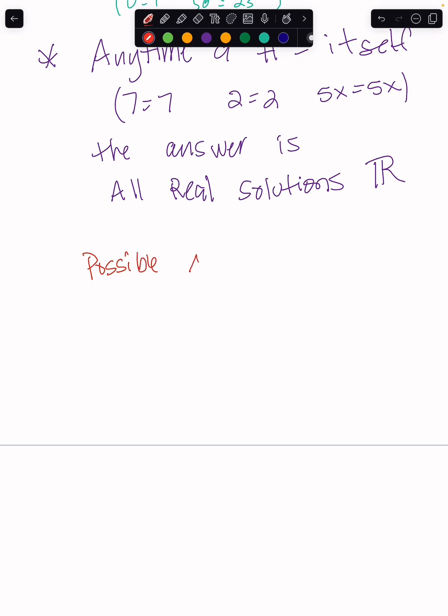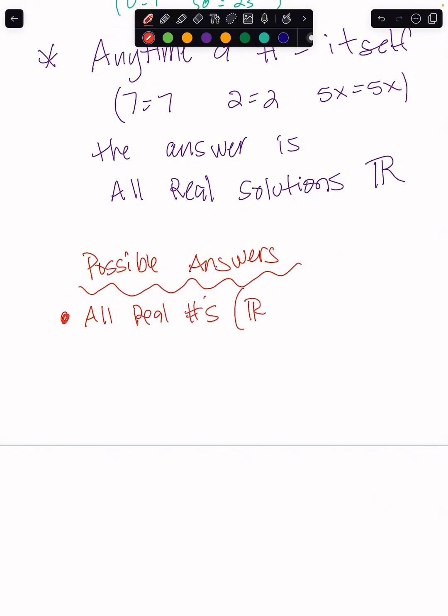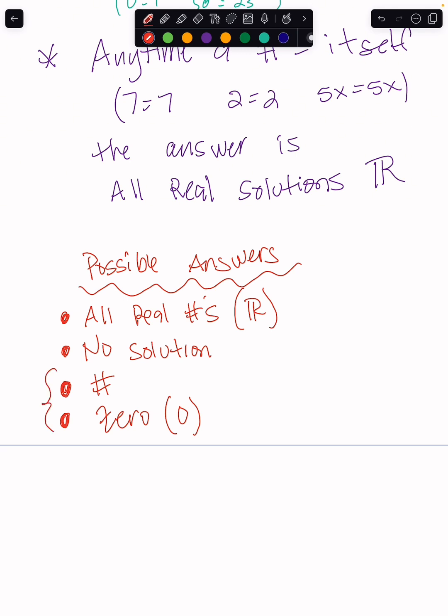You're either going to get all real numbers, you're going to get no solution, you're going to get a number, and sometimes you'll get 0, which happens to also be a number, but for some reason students seem to think that is something different. But these two are really in the same category. But sometimes you will get no solutions, you will get all real solutions. You need to be able to identify that.